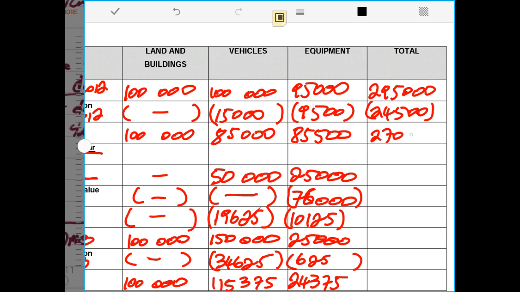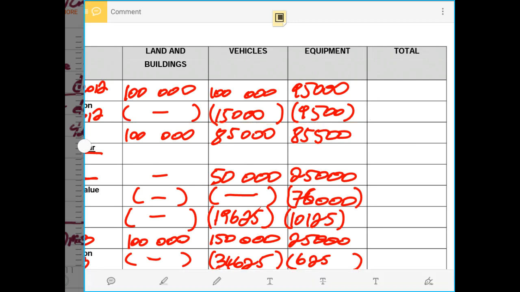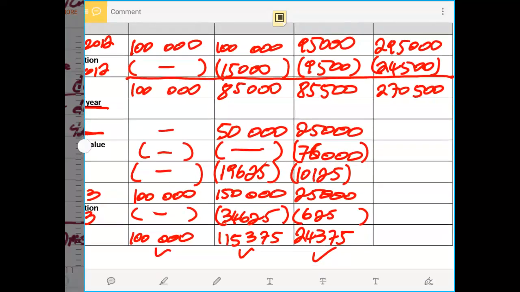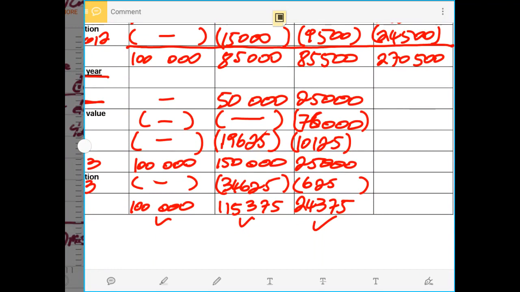That will be 270,500. Normally there will be a bold line there separating the two. Then after, we scroll and we calculate the next totals. Then we add 50,000 and 25,000 rands. That gave us 75,000 rands.